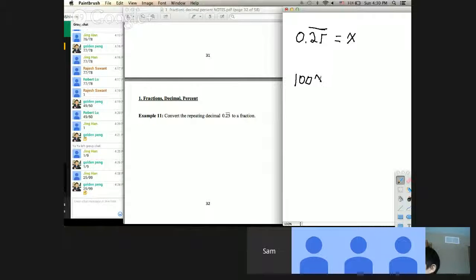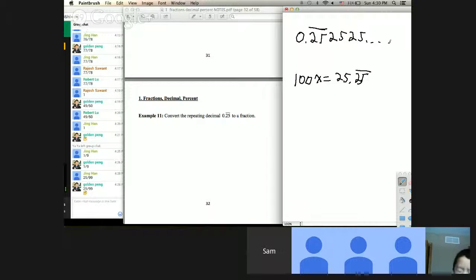equals, now it's 25 point and then 25 repeating. If you can see how I did that, if I were to write this out, let's not let it equal x for now. This would be 25, 25, 25, 25 repeating, and then onwards.